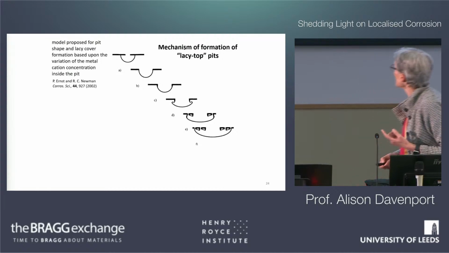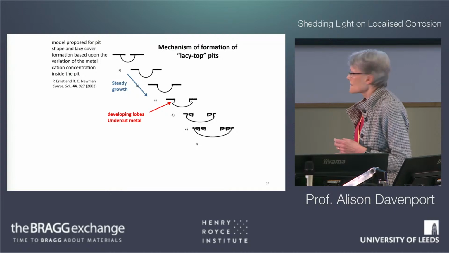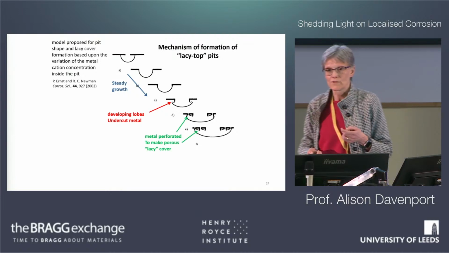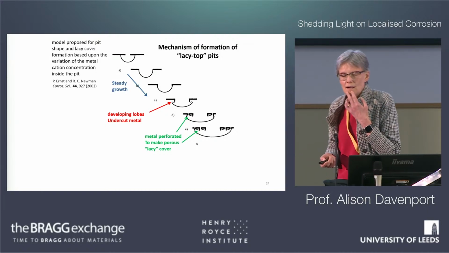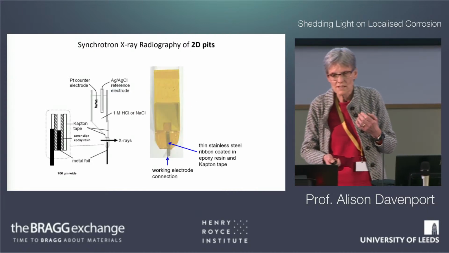So he came up with a proposal that you get a pit growing normally, and then you get some lobes swinging out to the side, and then they swing out and pop through the top. Now this sounded kind of implausible, and it's a bit hard to follow. But we decided one way to do it was to try and do it in 2 dimensions.